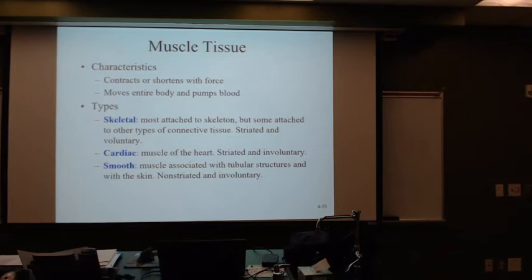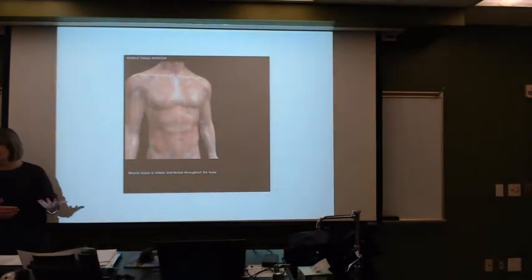The cardiac muscle also has striations, which tells us a little bit about the structure, and it is, of course, involuntary. We don't control it. Now, smooth muscle, let this one make you think about tubular structures, stomach, bladder, organs, the viscera of the body. This one doesn't have any striations, but once again, it is involuntary.